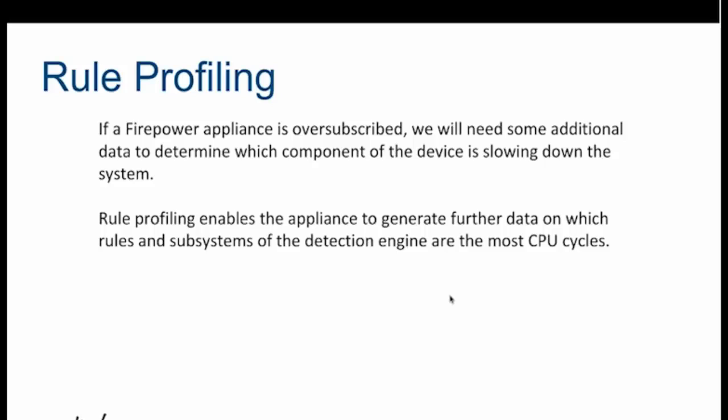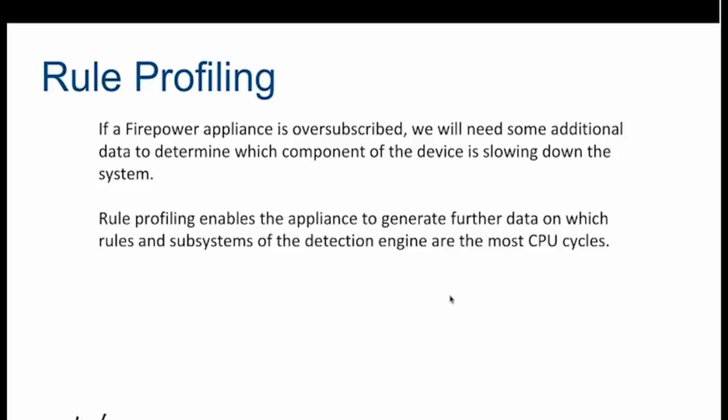So the first thing we can check is the traffic rates, and if there's no issue in terms of bandwidth or the rate of the traffic, then we usually look into rule profiling. Rule profiling gives us more granular data about which component in the detection engine, in snort, can cause a high CPU.